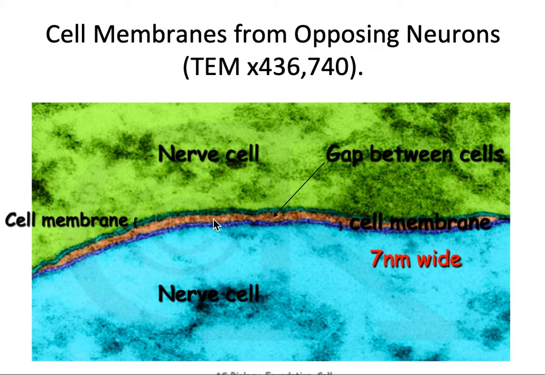There is a gap between the two membranes, and hence any communication between the two cells has to happen through these cell membranes. This is just to show you how critical the cell membranes are. In this case, it separates the two different cells.